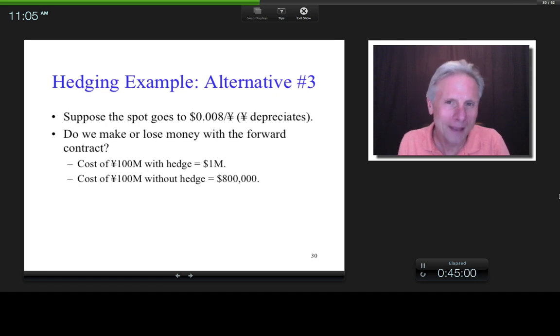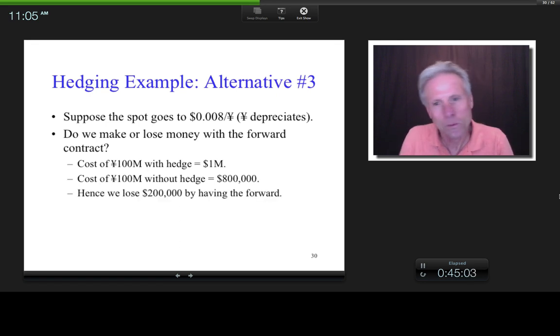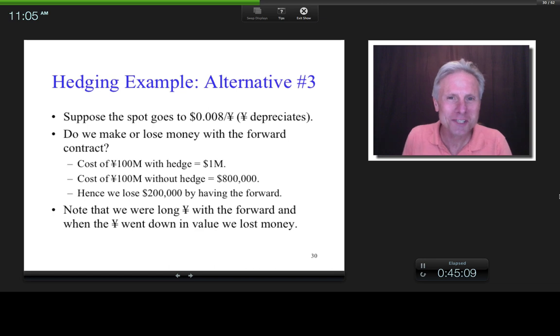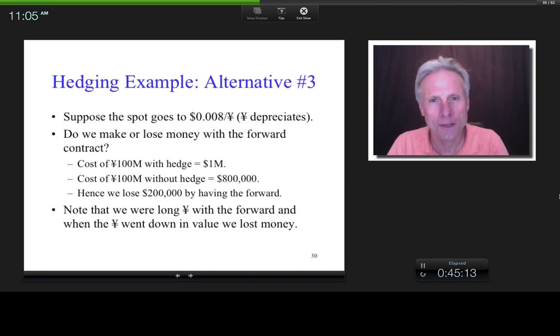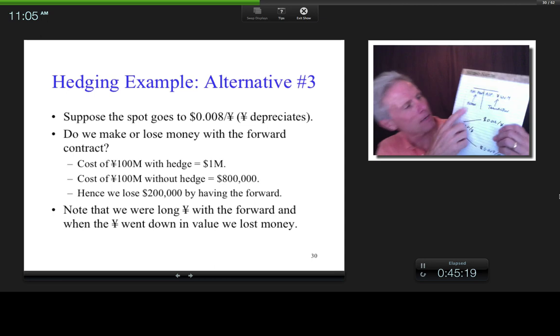And so by having the forward contract, we lost $200,000. Okay. Consistent with what we said earlier. When you're long something and that something goes down in value, have you made or lost money? Well, you've lost money.